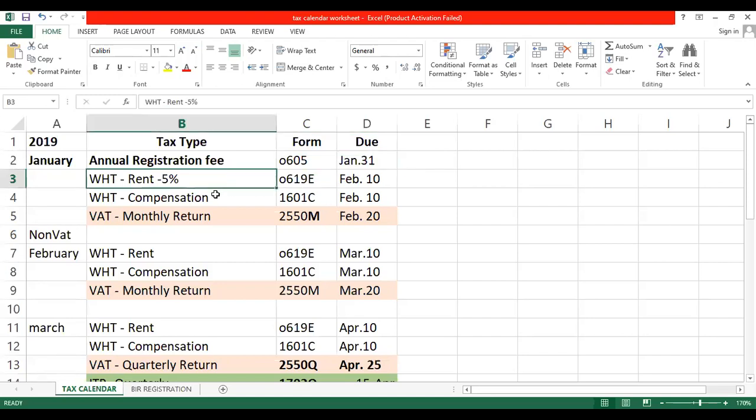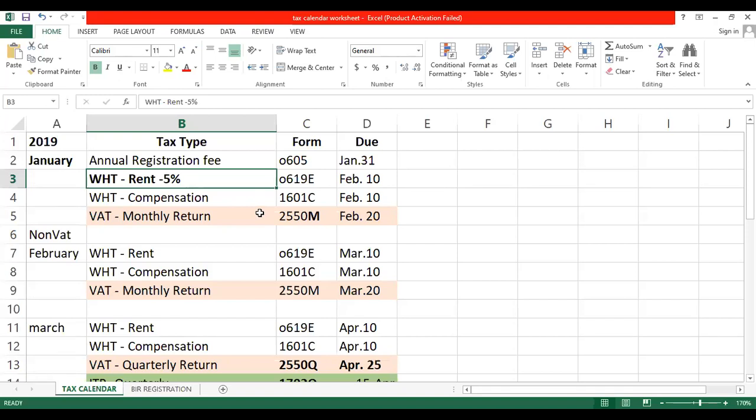Also, in your assignment, it was indicated that the business is renting. For the lessee or the renter, it is required that they deduct or withhold 5% of the rent. For example, the rent is 100,000 pesos.